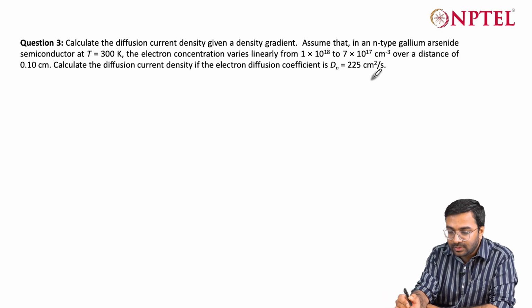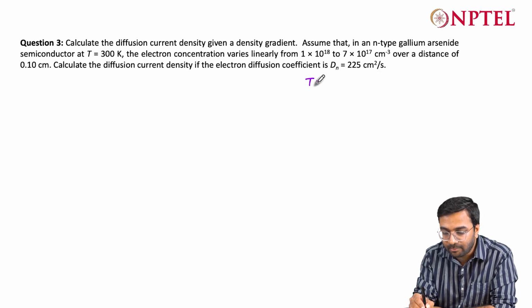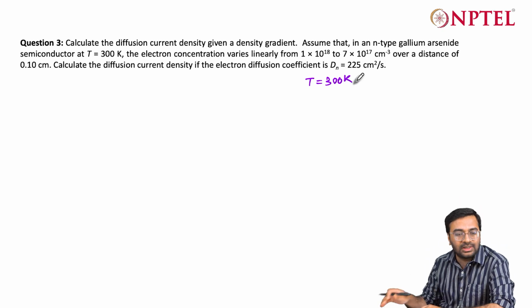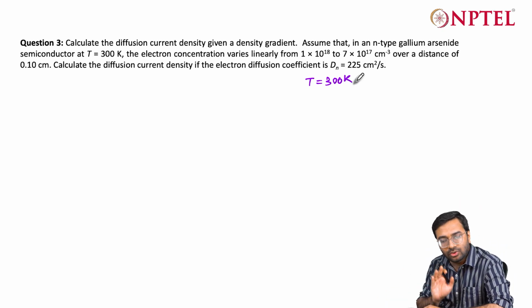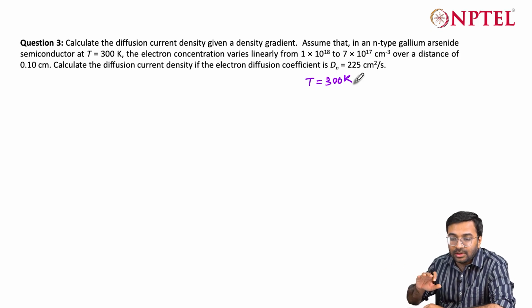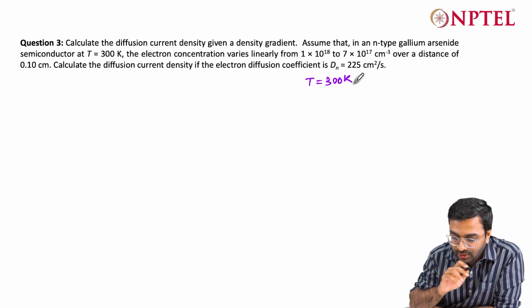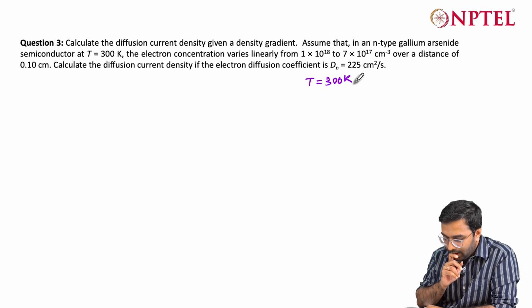So, again the first step is to write down the values. The temperature is 300 Kelvin, and nowhere in the question is it said that the temperature has been varied. Then we have electron concentration which is varying over a distance.